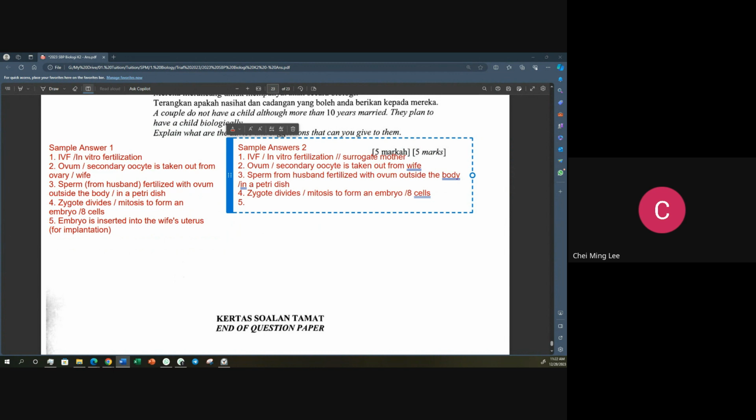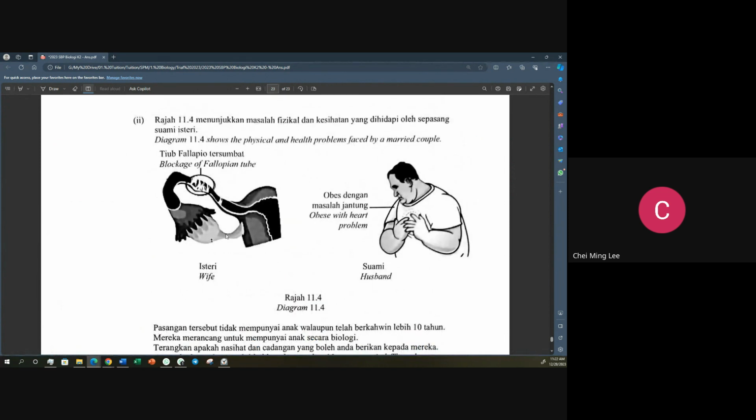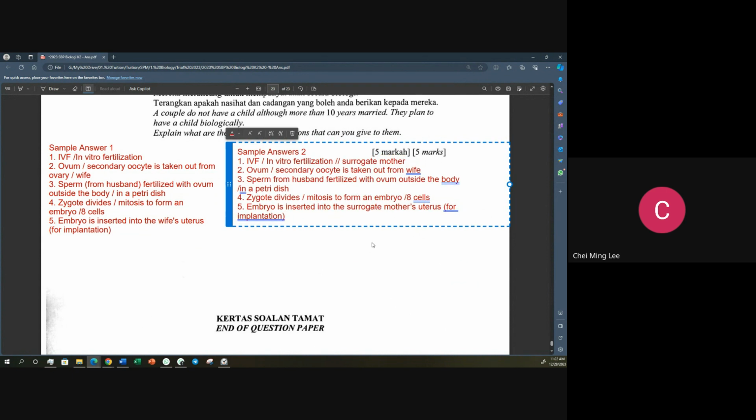But the embryo now, instead of going back to the mother, because somehow this is blocked, will be inserted into the surrogate mother's uterus. So this second answer is actually based on the surrogate mother.